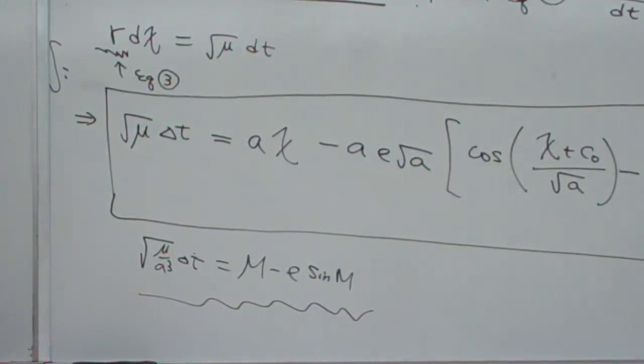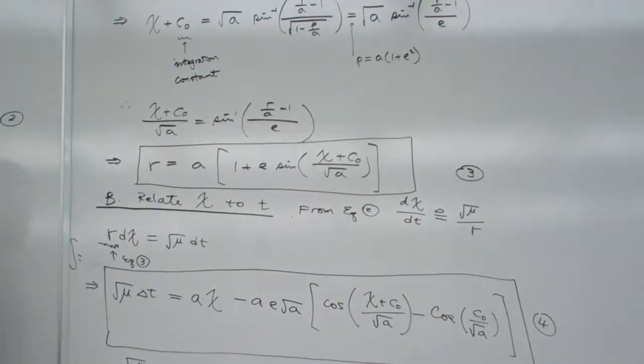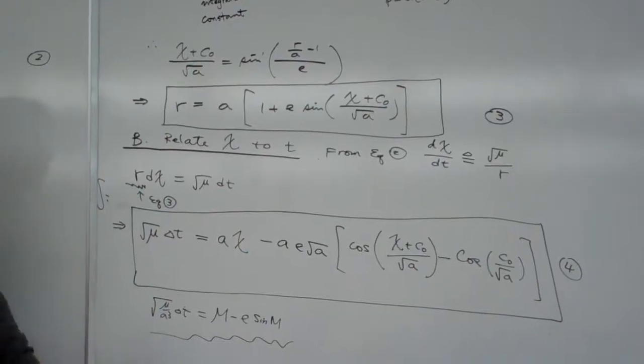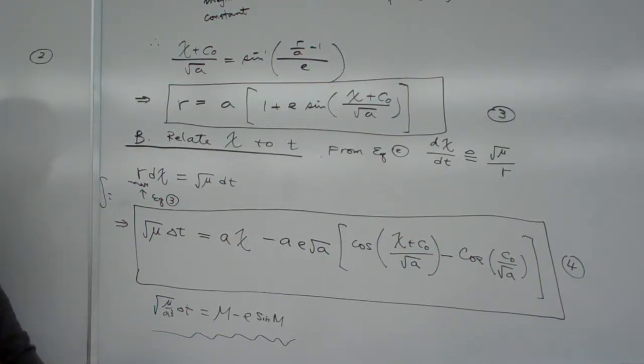Once we solve for C, once we know the constant, then we can know the position of that object in the orbit. That is the information 3 and 4 provided to us.